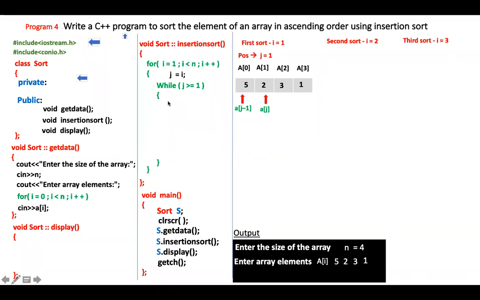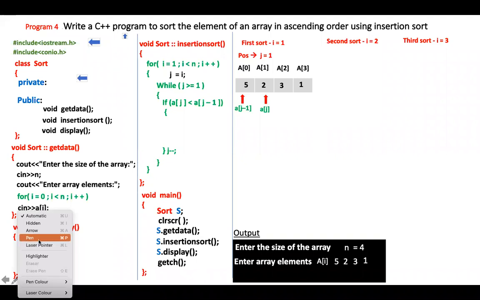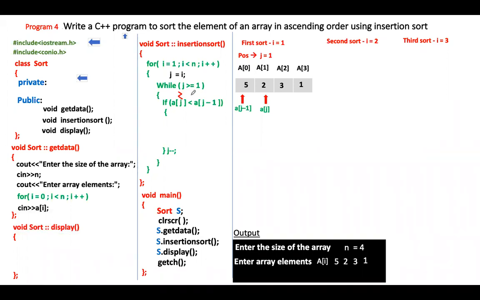For the comparison operation, I'll write an if statement. If my A of J value is less than A of J minus 1. See, the value of A of J is 2, which is less than 5.